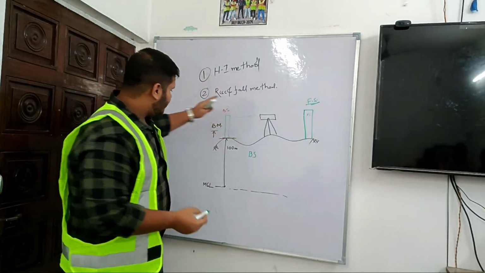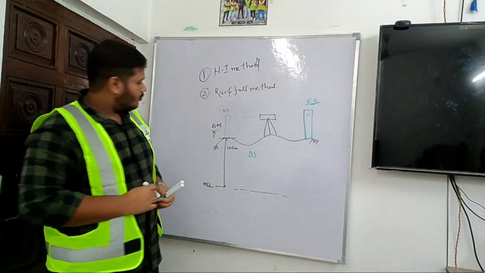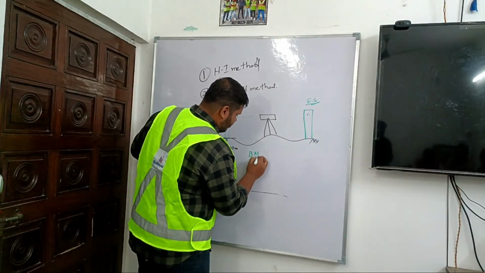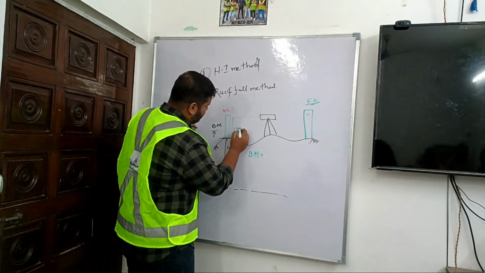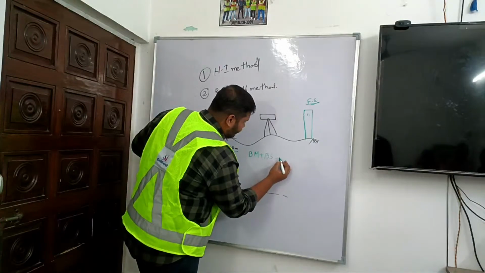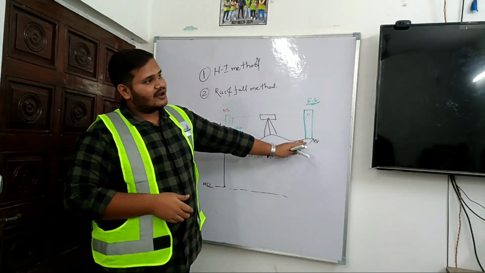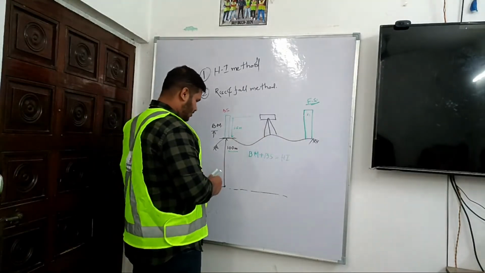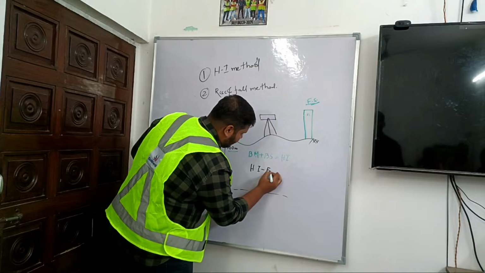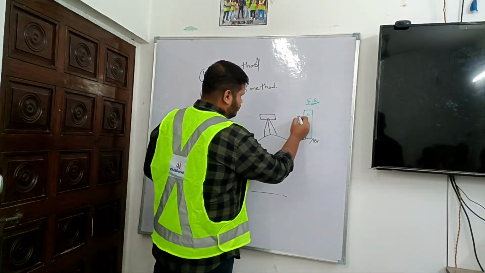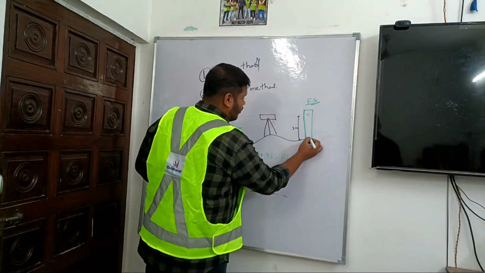The height of the instrument means how much height the instrument eyepiece is from the ground level, which we find by adding the benchmark value, which is 100 meters, and the backside, let's suppose 1.5 meters. Then for finding the RL of this point, we have the height of instrument, minus the foresight, which in this case let's suppose is 2 meters. So we will get the RL of this point.